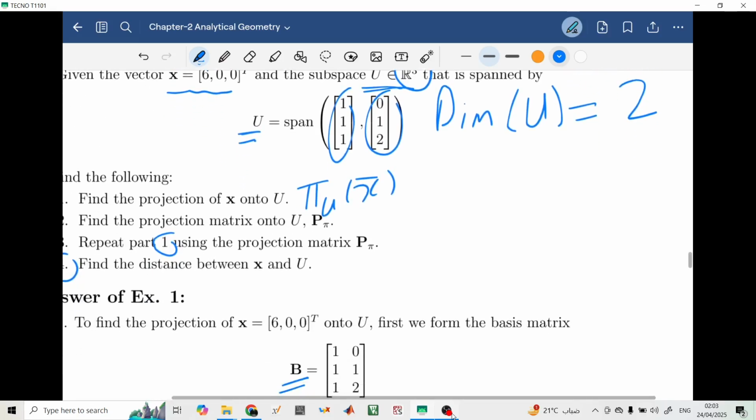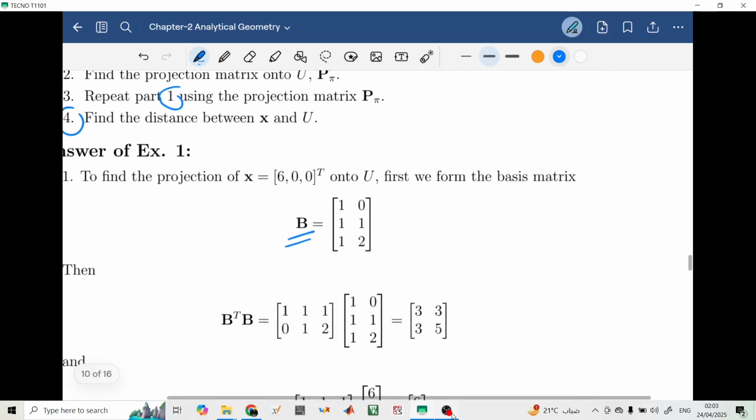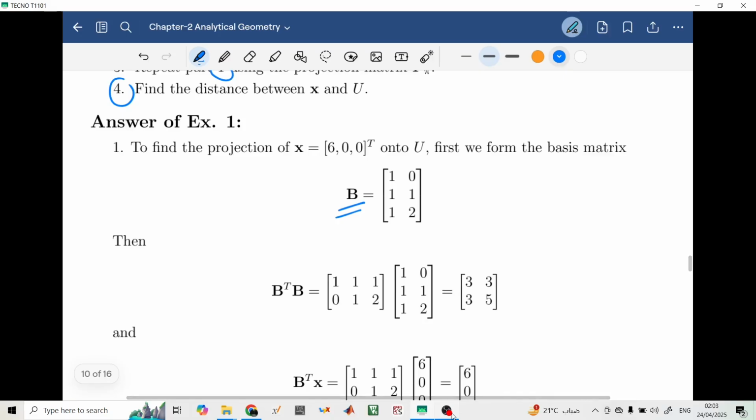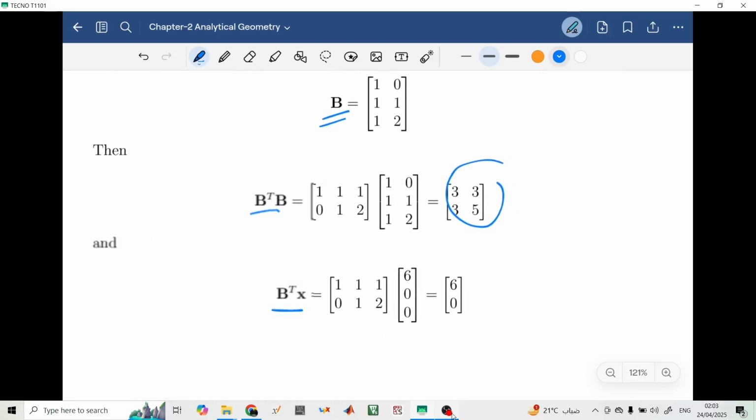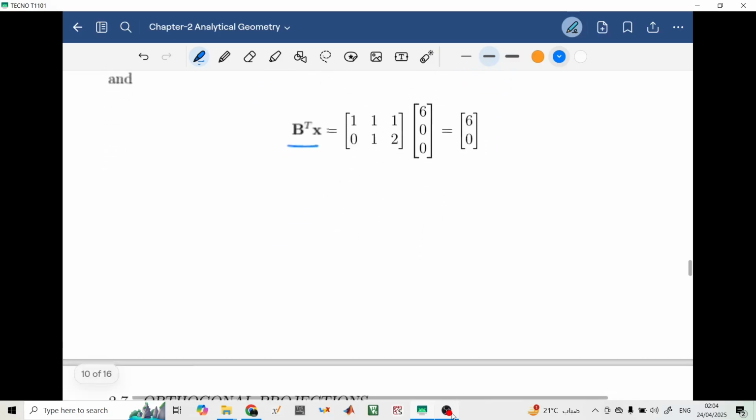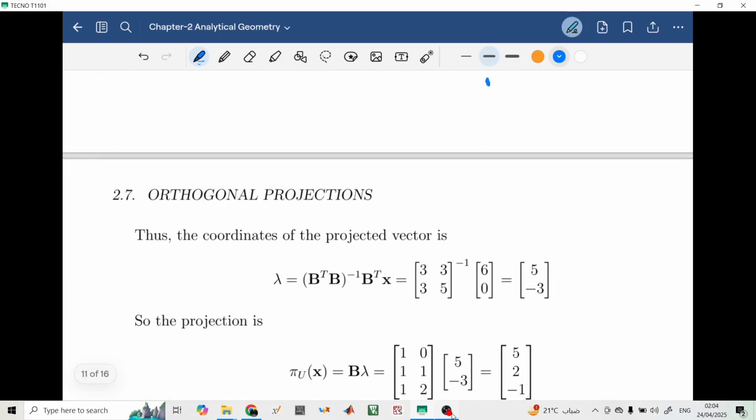Okay, so we do it in a gradual manner. So if we first find B transpose B, which is this, and we find this B transpose X, and then we find lambda, which is B transpose B inverse. So we find the inverse of this, and we multiply it by the vector, and we get this vector. Remember, those are lambdas.